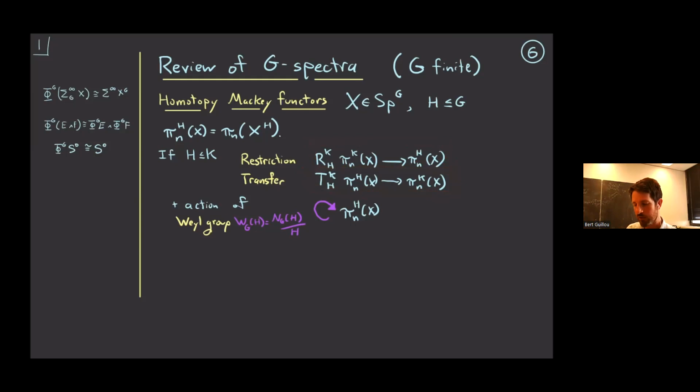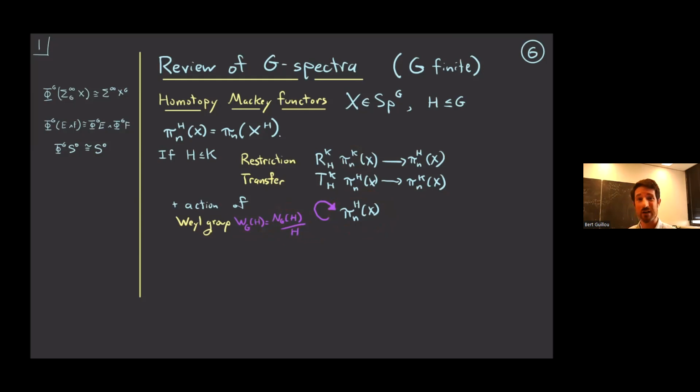So we have these abelian groups indexed by subgroups K and H of my group G. And there's one more piece of data, which is the action of what's called the Weyl group. If I look at the spot labeled by my subgroup H, that's going to be a module. There's going to be an action of this Weyl group for H. The definition of the Weyl group is the normalizer mod H. What you might first expect is that there's an action of G mod H, but then you notice that doesn't make sense because H is not necessarily a normal subgroup.